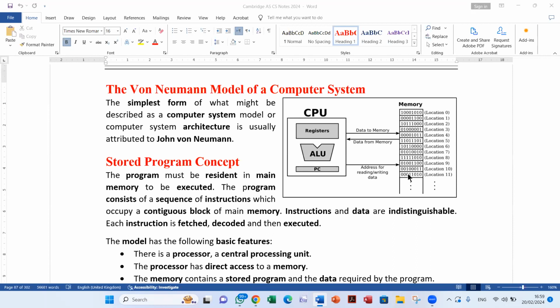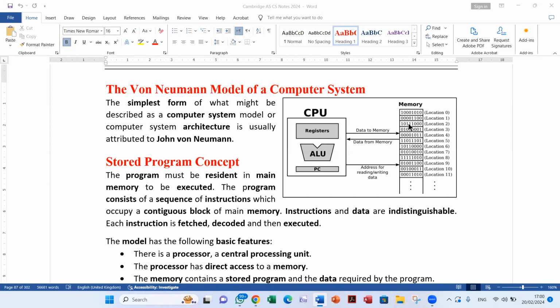The CPU reads instructions from memory, instruction after instruction. This is the first instruction at location 0, or you may say address 0, and then the next instruction at location 1, together with the data.